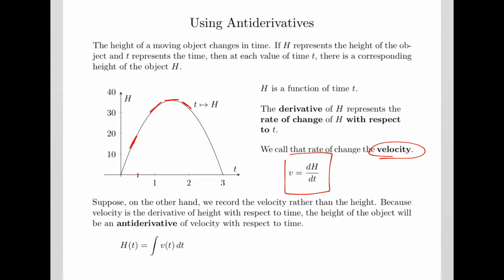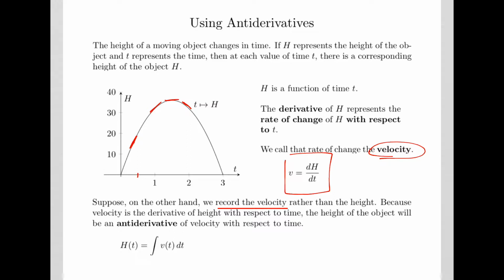Okay, so we've been talking about antiderivatives, which means if I have a derivative, I can go and find the original function. So in the context of position, if we record the velocity, like if I'm in a car and I'm tracking my speedometer, I know exactly how fast I'm going at every instant.